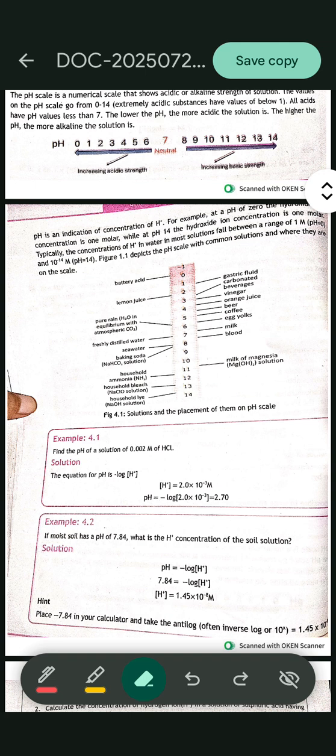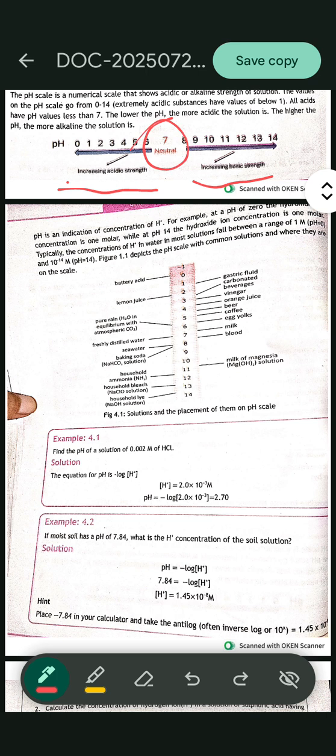Here we can see in this chart that when the values are from 0 to 6, we have increasing acidic strength, and when the values are from 8 to 14, we have increasing basic strength, and for 7 we have the neutral value.